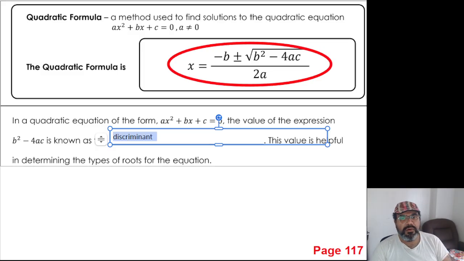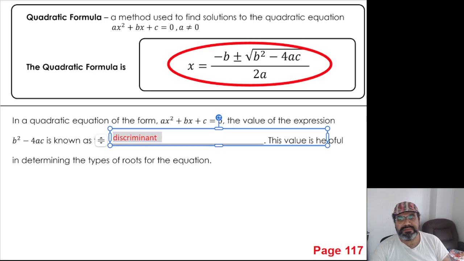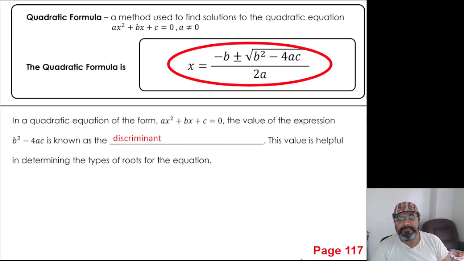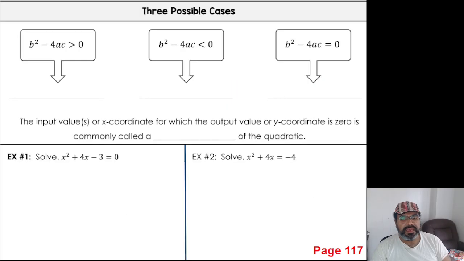This is one of the most important things we're going to work on over this lesson. We're going to talk a lot about this because it matters. This value is helpful to determine the types of roots for the equation. And why is that? Let's go through here.